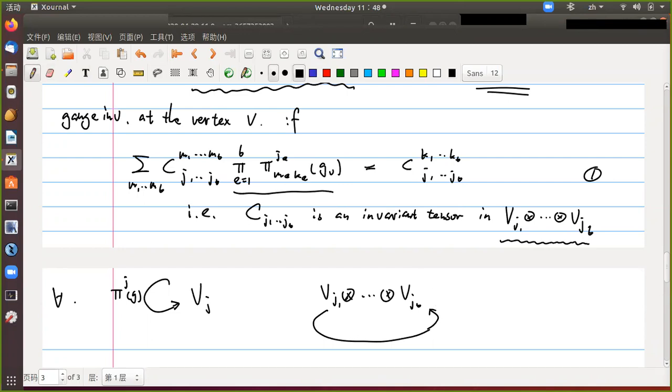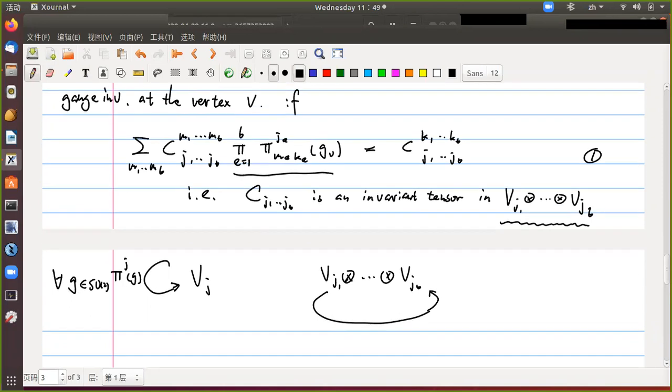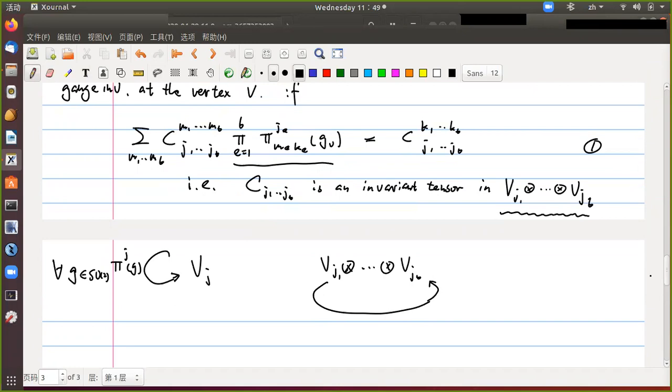This is for any G belonging to SU(2), and this pi of G is a representation matrix, or operator, acting on V of j.